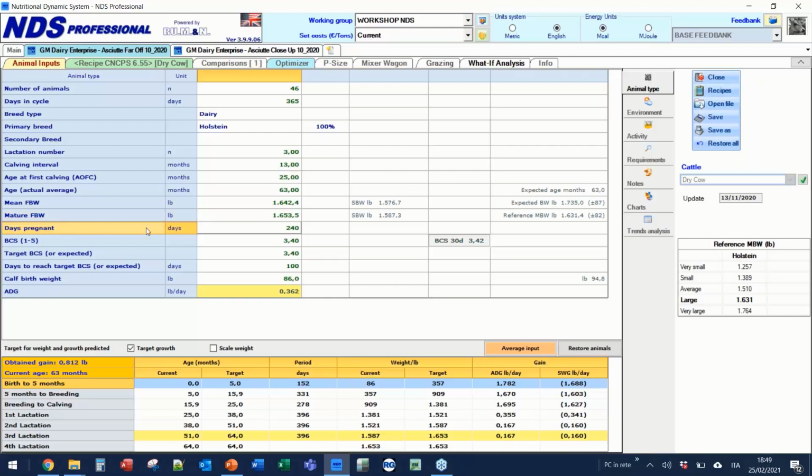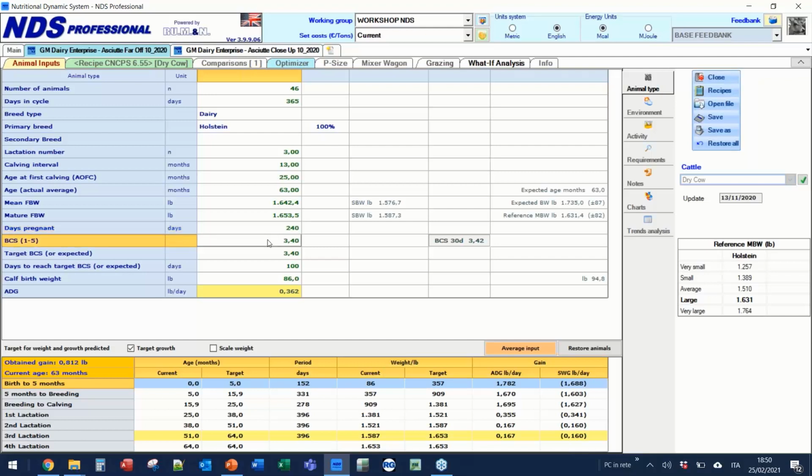So it is really important to input the average days pregnant for far off cows, because in this way the system considers the requirements for conceptus, and in the last part of the pregnancy, these requirements start to be very, very significant.